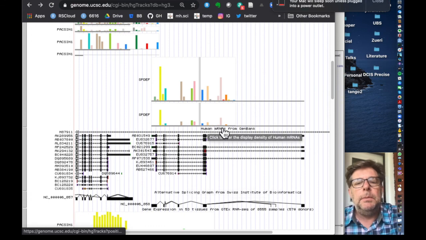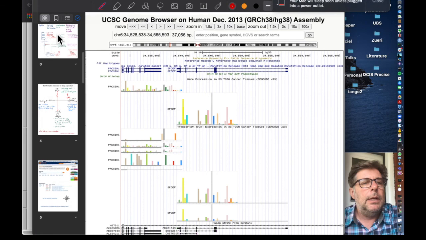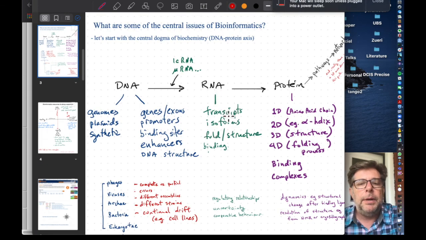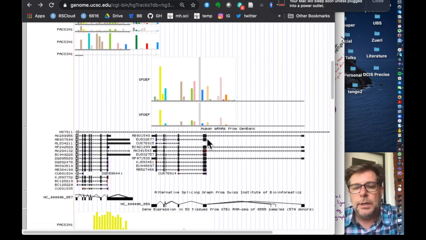Remember in our presentation, we talked about going from DNA to RNA, we have transcripts and isoforms. So how is that present here? You can see that there are different isoforms for this SPDEF. So this one here is using the full length of SPDEF, but these are truncated, so they've skipped this last exon.